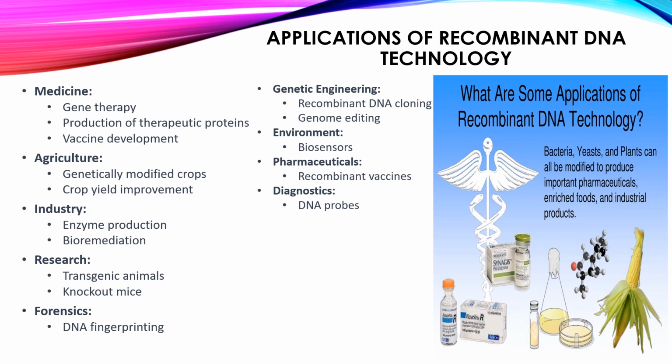So, what are the applications of this technology? There are various applications: bacteria, yeast, plants, all could be genetically modified to produce important pharmaceuticals, enriched foods and industrially important products.